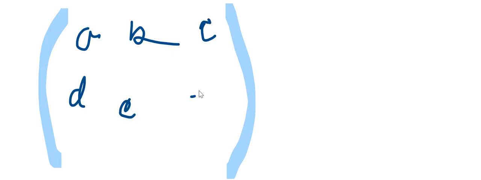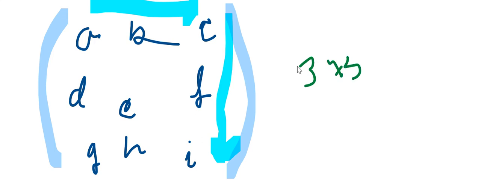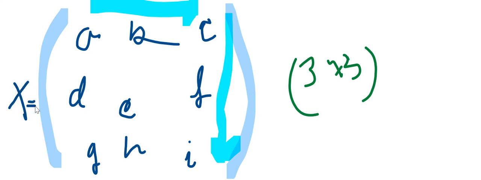Here we have A, B, C, D, E, F, G, H, I. Because in this matrix we have 3 rows and 3 columns, it becomes a 3 by 3 matrix. Name it anything you want in the world. Let's name it X. So this is the X matrix, right?